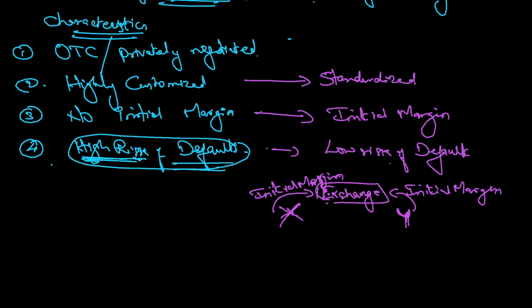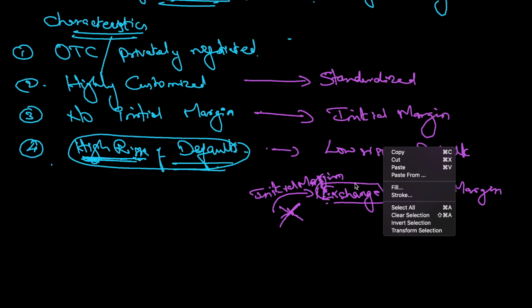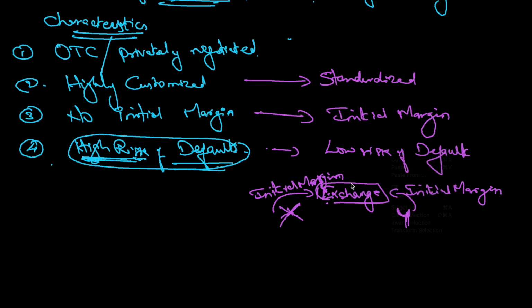Their platform is open for certain commercialized products, and they also standardize the expiry date of the contract. In India, the last Thursday of the month is considered the expiry date of the contract.